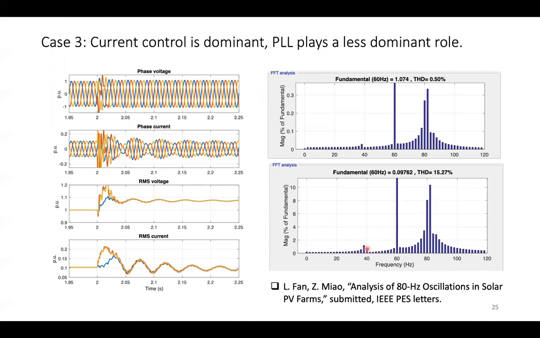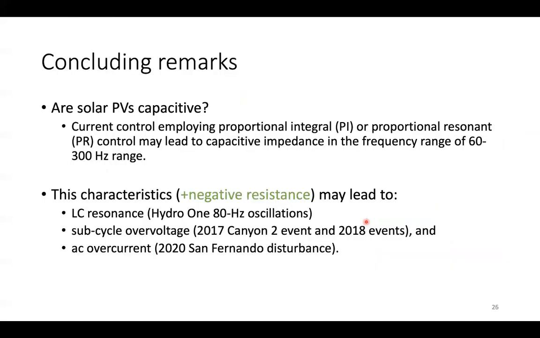So this case is more like the Hydro One observation. Anyhow, we can say that with a plausible justification, we have demonstrated the Hydro One cases: the dominant cause is the current control, and the PLL also plays a role.